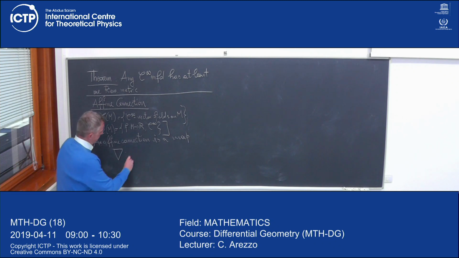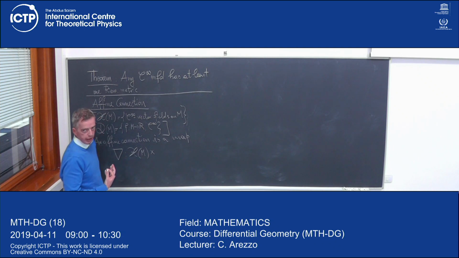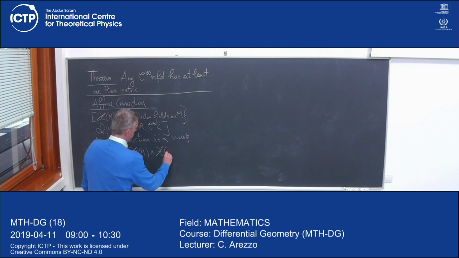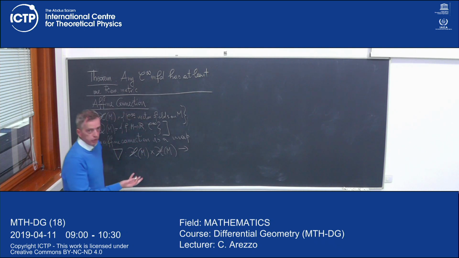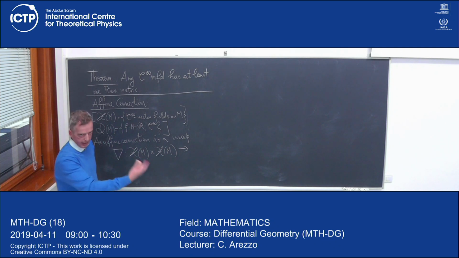So it has to take two vector fields. One will be the one that you want to differentiate, and the other one is the one which tells you in which direction I'm differentiating. And the output is what? Whatever you do, the derivative of a vector field has to be a vector field.